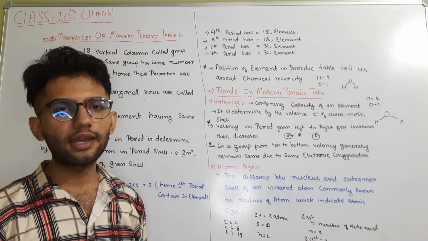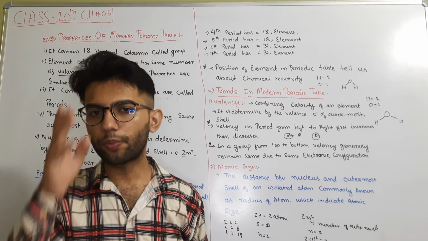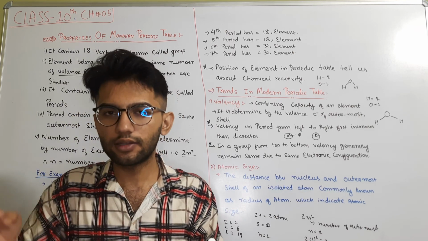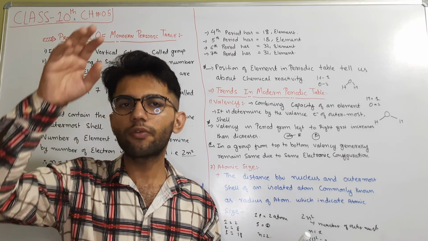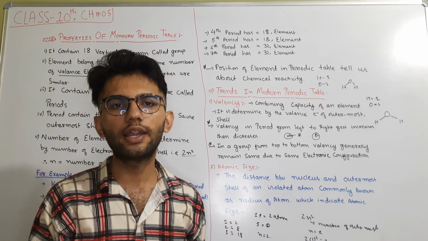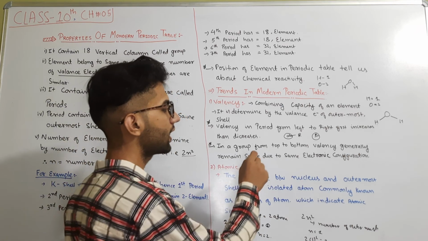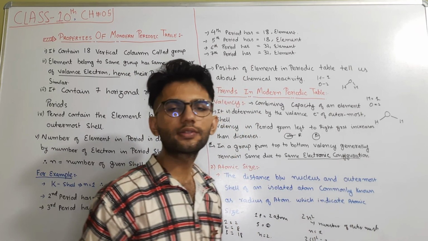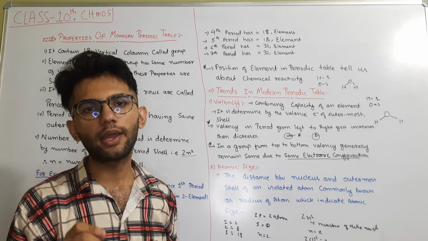Now what are the changes in valency if we move from left to right or top to bottom in the modern periodic table? If we move from left to right, valency first increases and then decreases. If we go from top to bottom in a group, there is no change in valency, because in a group the electronic configuration remains the same.